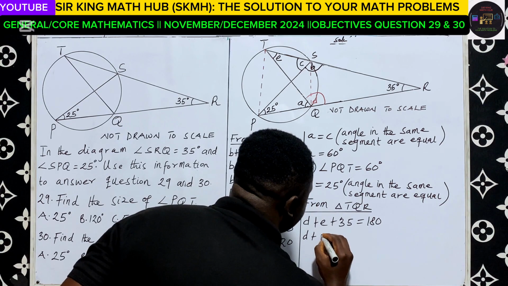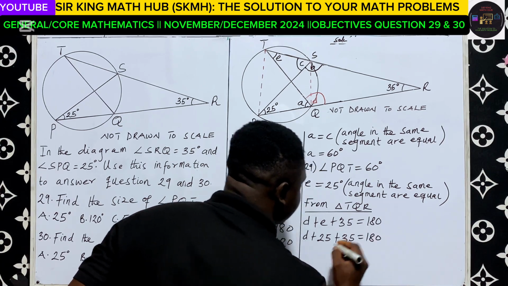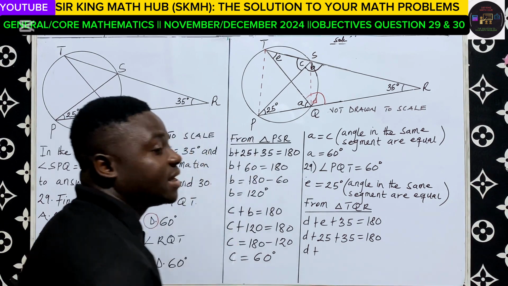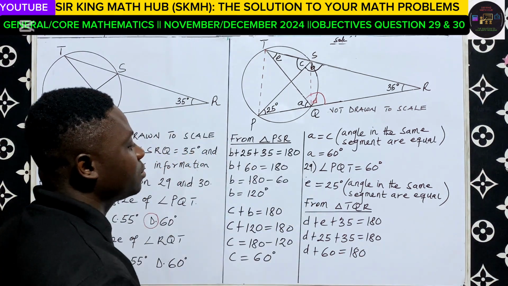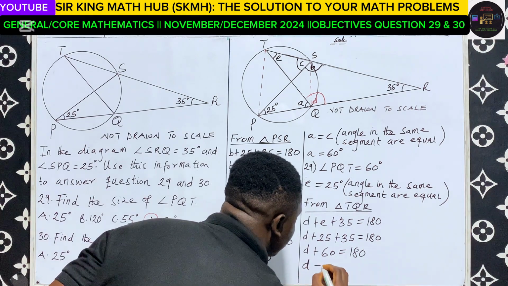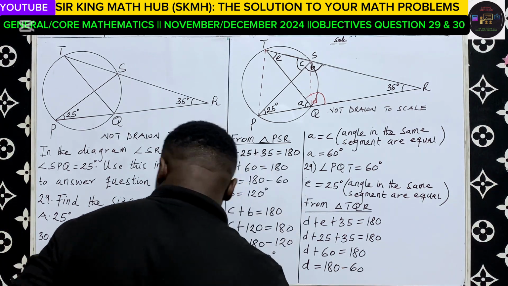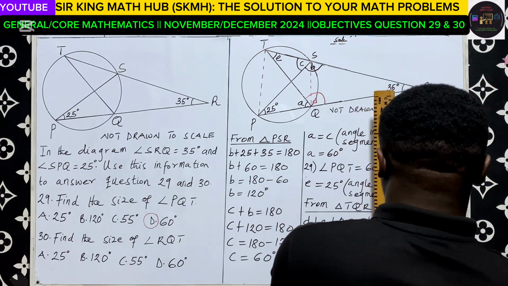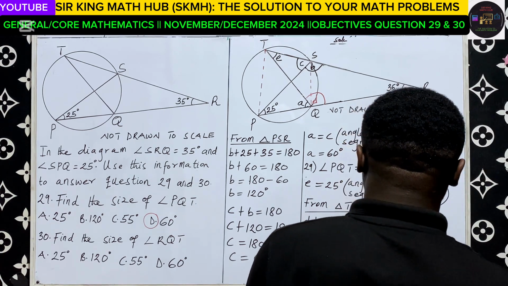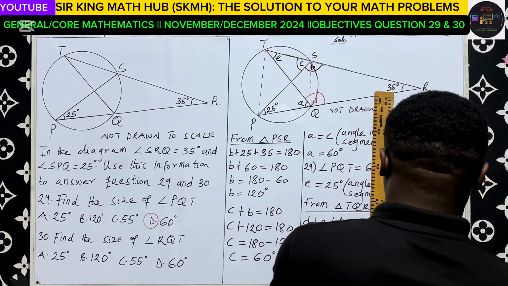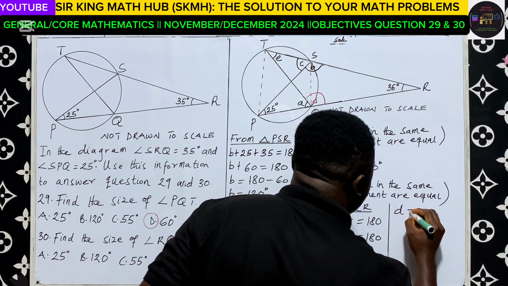Angle E measures 25 degrees. So D plus 25 plus 35 is equal to 180. What is 25 plus 35? We have 60. So D plus 60 is equal to 180. Let's group like terms. D is equal to 180 minus 60. So what is D? That is 120 degrees.